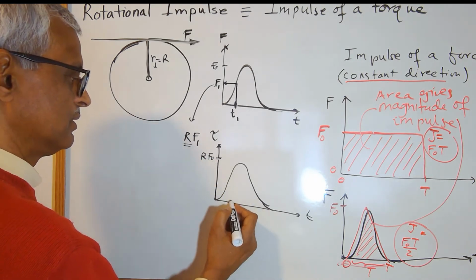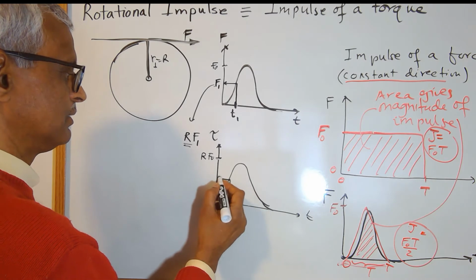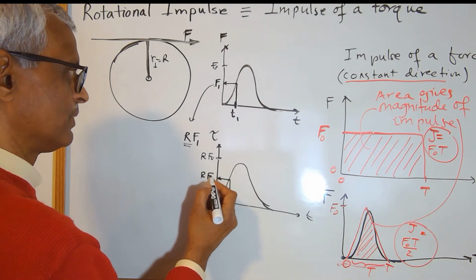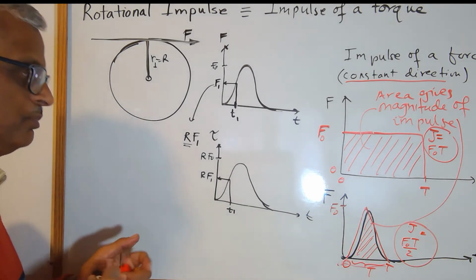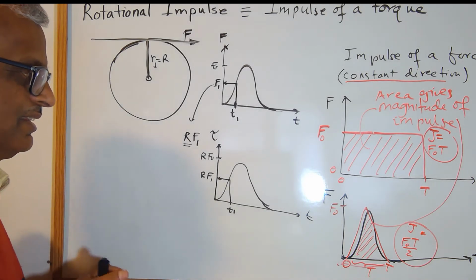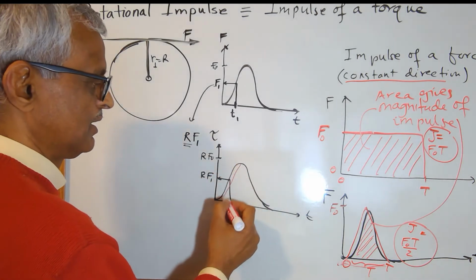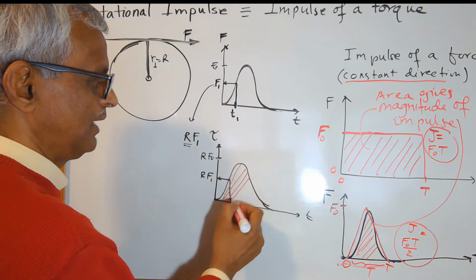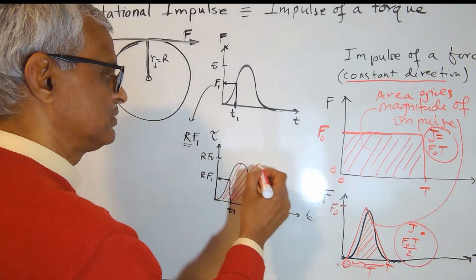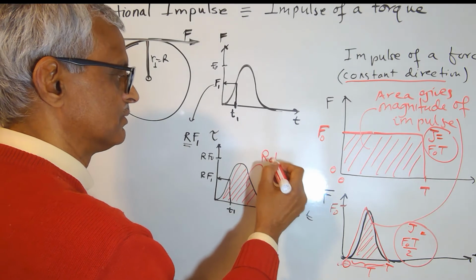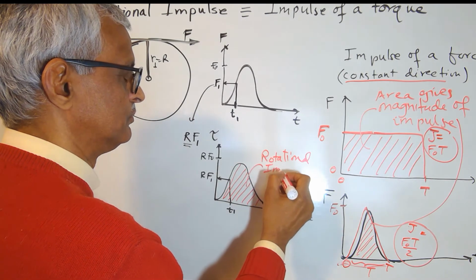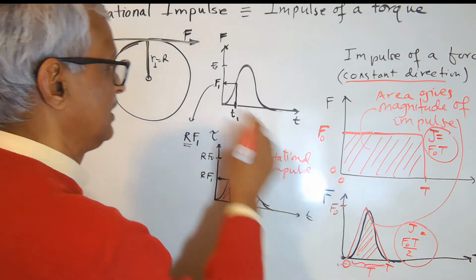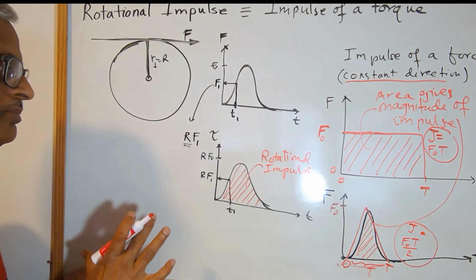At T1, the torque will be R F1. When you look at the area under this, that gives what is called rotational impulse. Impulse of this, in this situation.